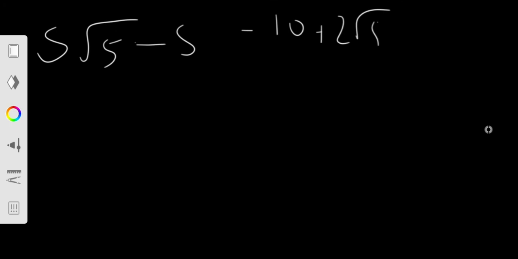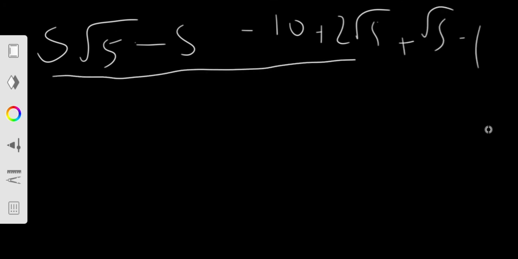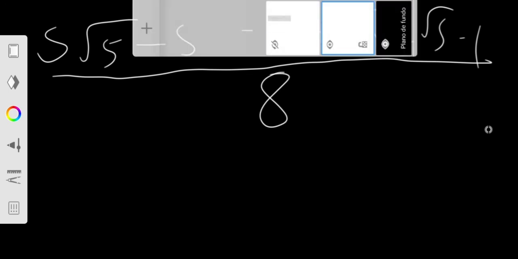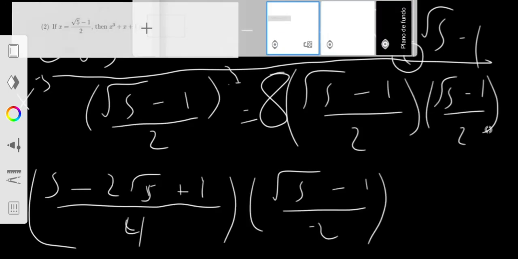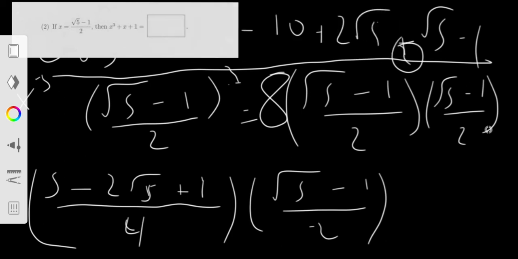So plus square root of 5 minus 1, all this divided by 8. Remember, I'm just calculating here still the x cubed. After this, I'm going to sum it with x and plus 1 to find the answer, okay?